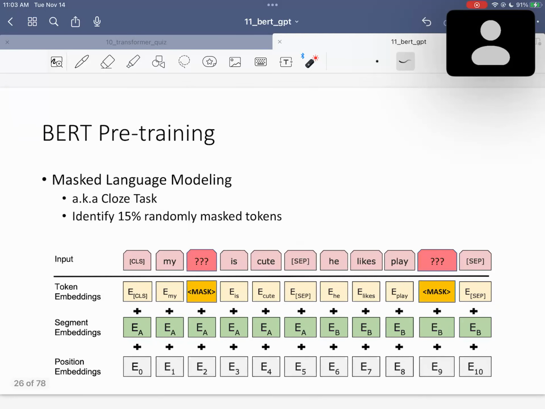What BERT basically does is, very similar to a cloze test, it randomly masks 15% of your input, meaning 15% of the tokens in your two input sentences. You're not masking the special tokens out. For example, let's say that you mask this one and this one. Then your token embedding will be transformed into something called mask embedding.